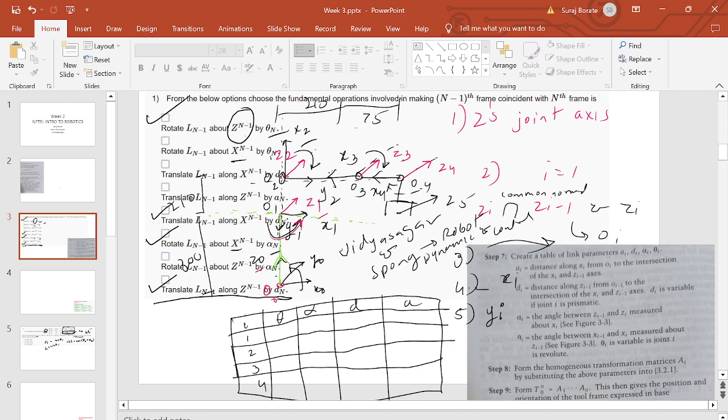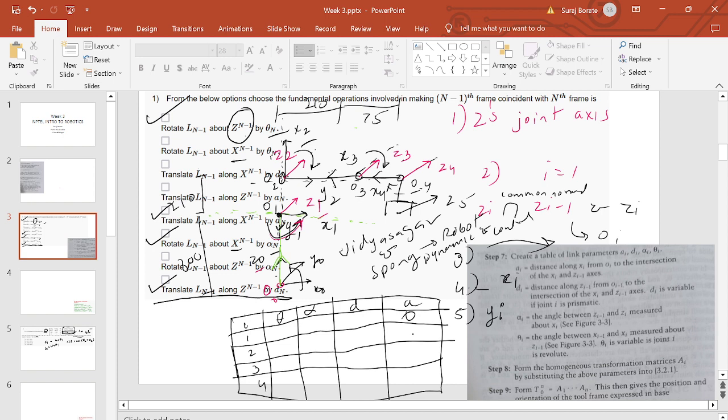What is the distance along x1, from O1 to the intersection of x1 and Z0? That intersection is also O1 only. So there is no distance, so this is 0.